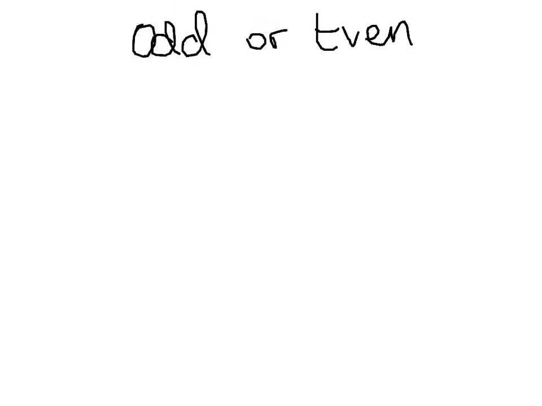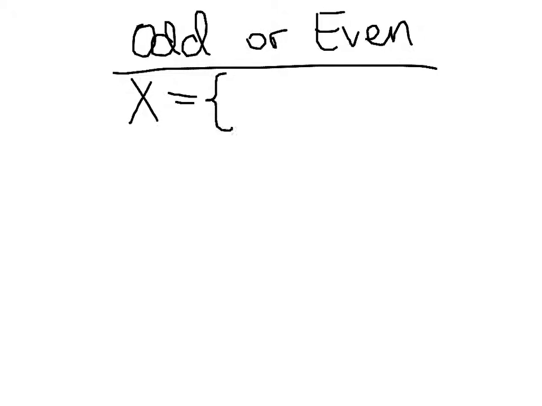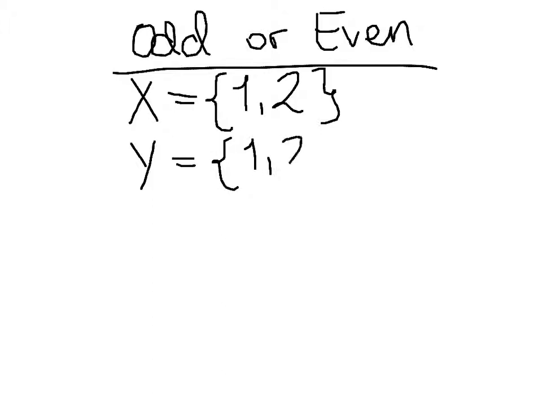Now let's look at a game called odd or even. And here there are only two possible strategies for both players. Player number 1 can choose the number 1 or 2. Player number 2 has the same choices.